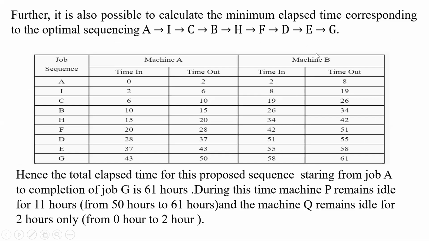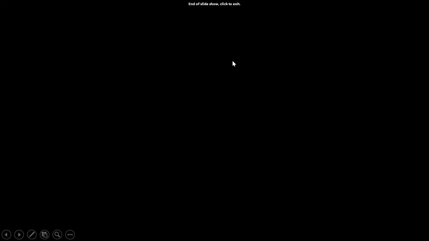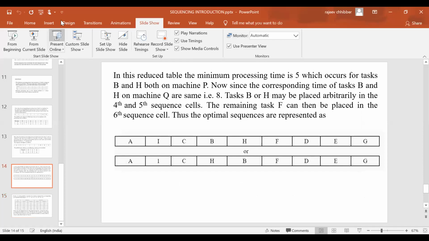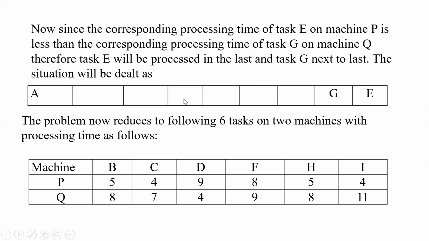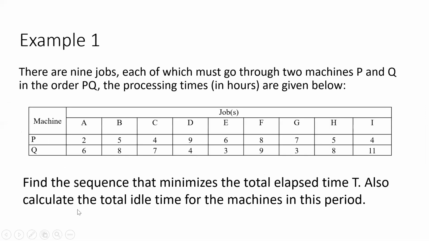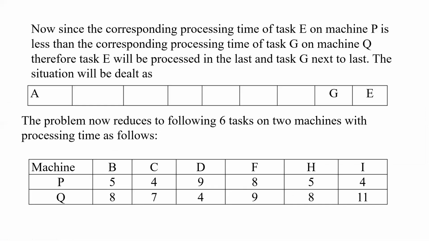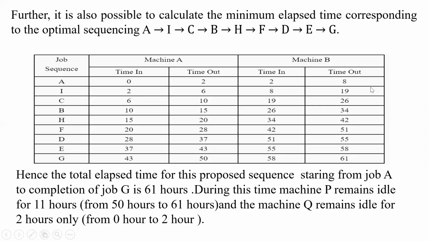Now we will create machine B. As machine A finishes the first job, it will go to machine B. Now we have to check the A job size on machine B. So A is of 6 units on machine B, so we will put it 6.